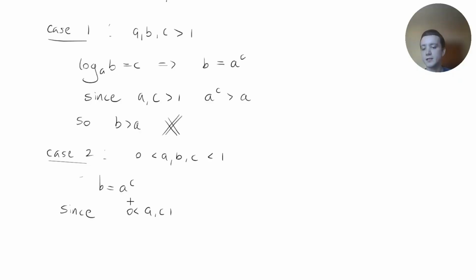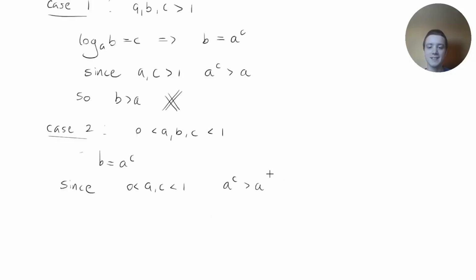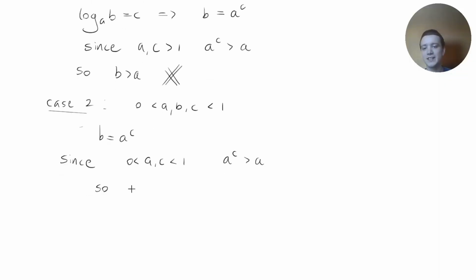What we have here is a number A, which is between 0 and 1, that we're taking to a power C, which is less than 1. And what this is going to result in, again, is A to the C being bigger than A. So, again, B is bigger than A, since B is A to the C, and we have another contradiction.